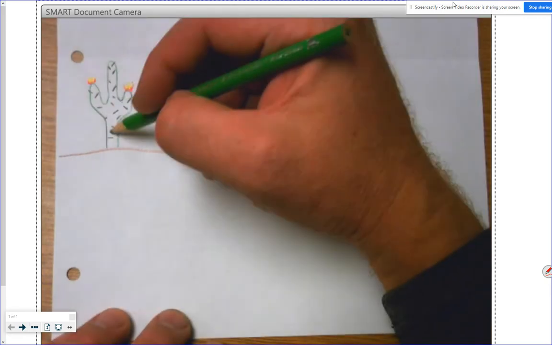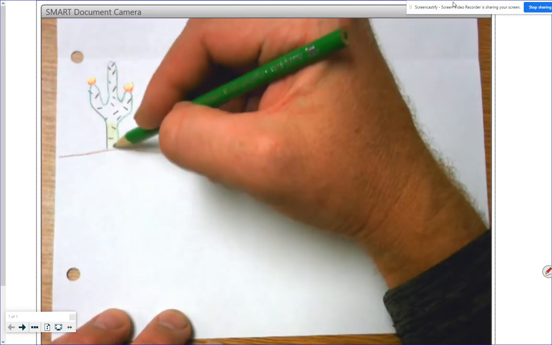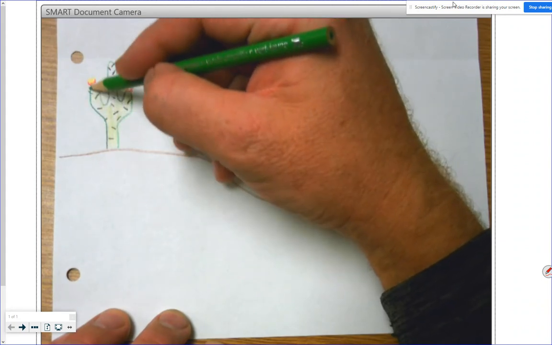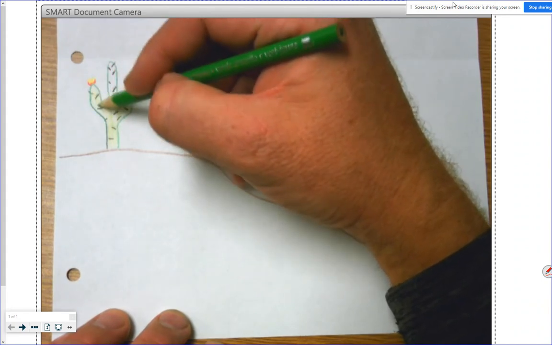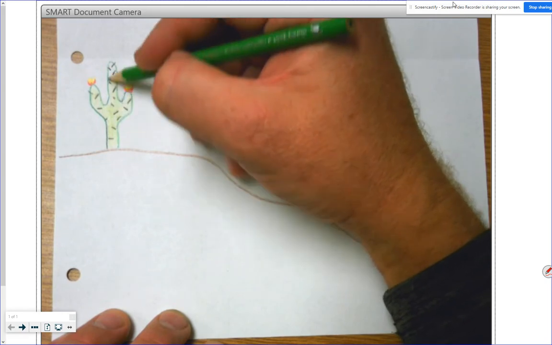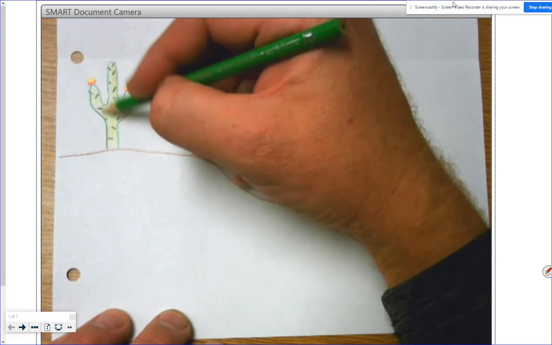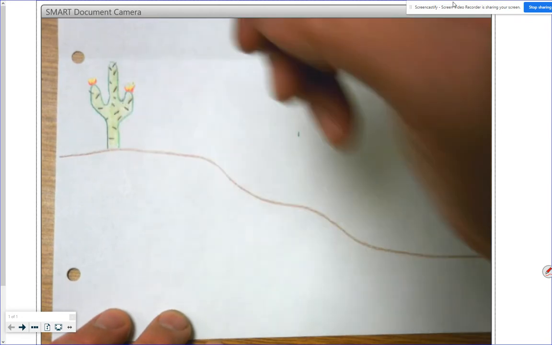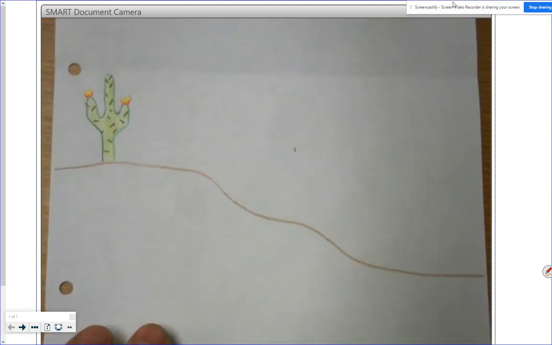And I'm going to go ahead and shade it in. Ooh, this is looking sweet. Don't you feel that you've been transported to a magical land far away? No? I do. All right, wonderful.